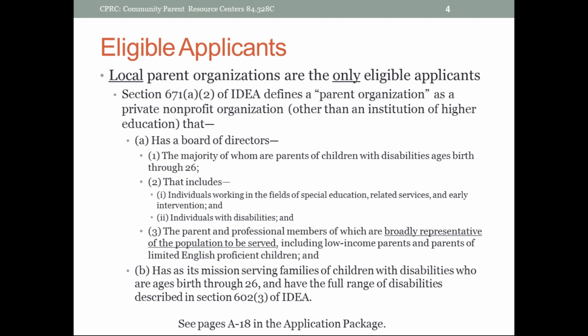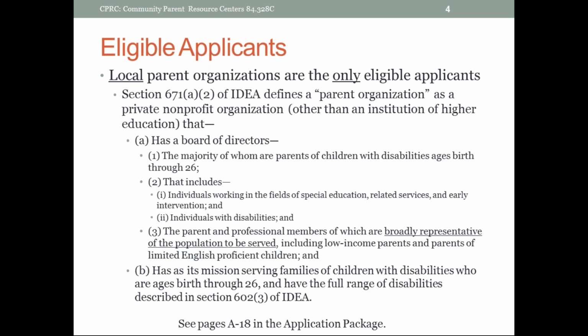That board of directors must include also individuals working in the fields of special ed, related services, and early intervention, and individuals with disabilities. And the parent and professional members that are on that board of directors must be broadly representative of the population to be served, including, if it's appropriate, low-income parents and parents of limited English proficient children.